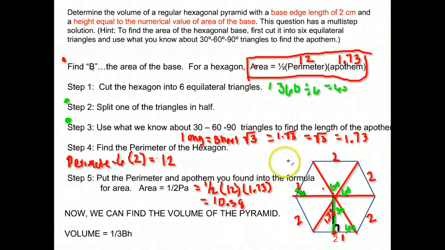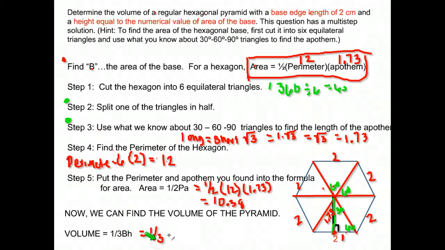So now let's regroup and say, well, what were we doing all of this for? We were doing all of this to find the volume of this pyramid that had a hexagon base with the edges length 2 and whose height was the same as the area of its base. So here is our formula for the volume of a pyramid. Let's fill in the information we have.